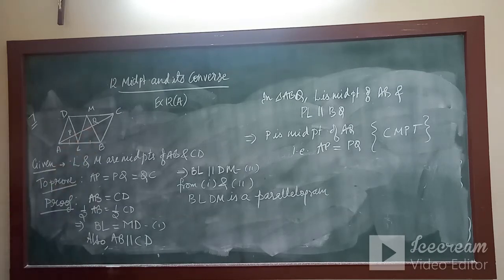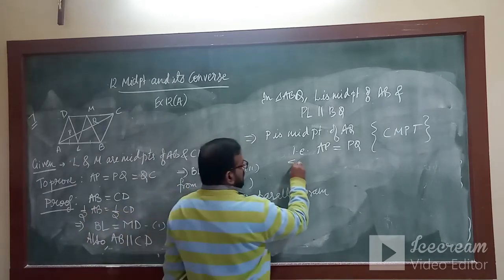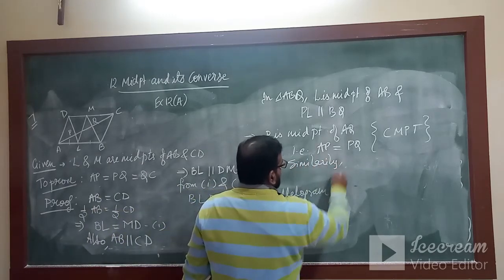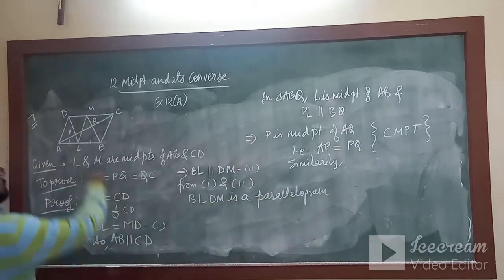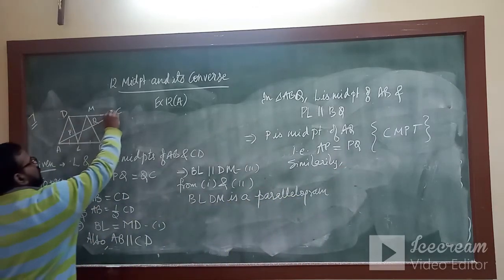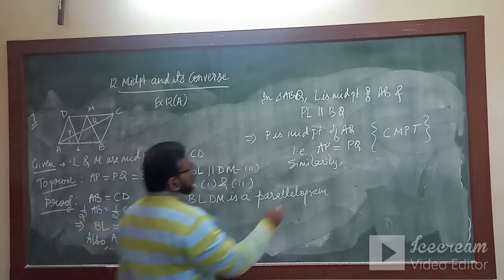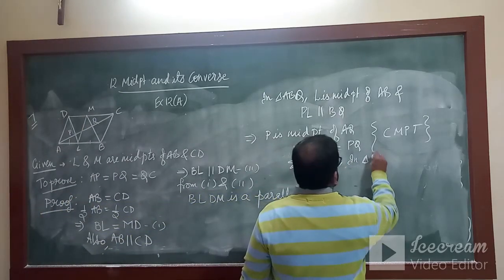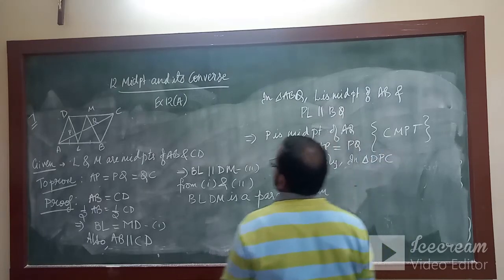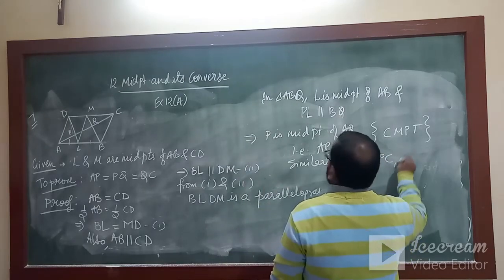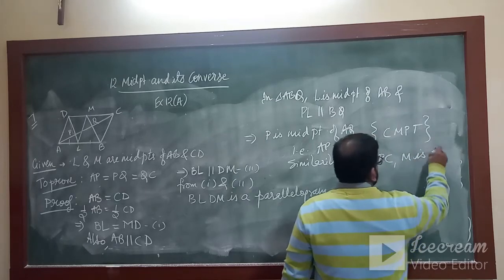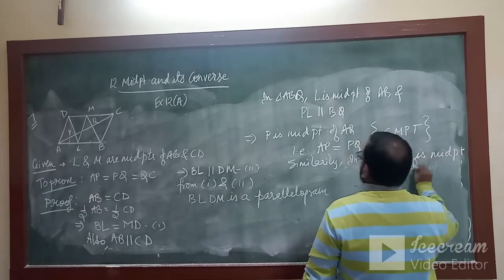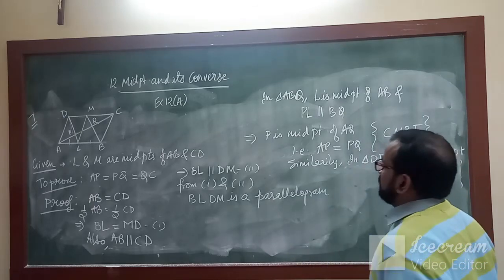Then similarly we have to prove that these two parts are equal to each other. So what we are going to do? Similarly, which triangle will we take? We will take this triangle. In triangle DPC, M is the midpoint of DC, that we know, it is given.